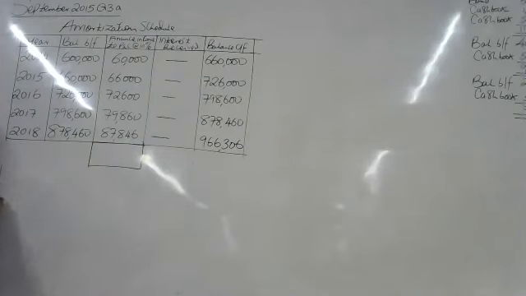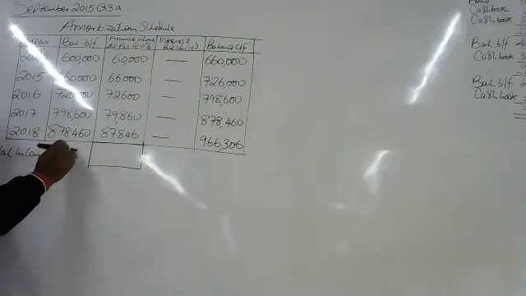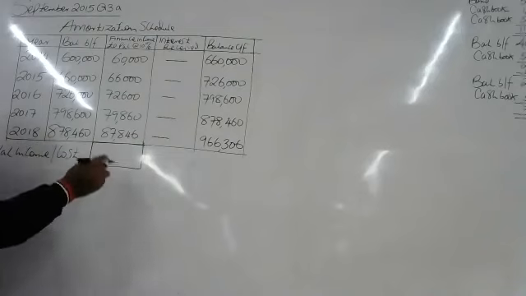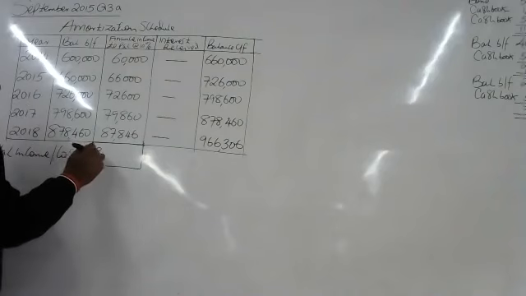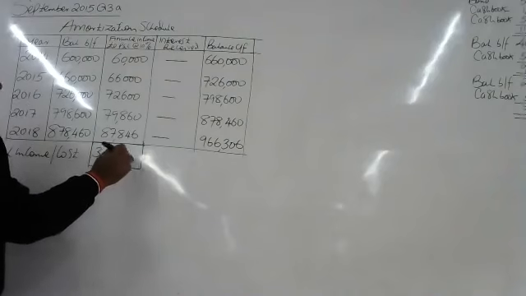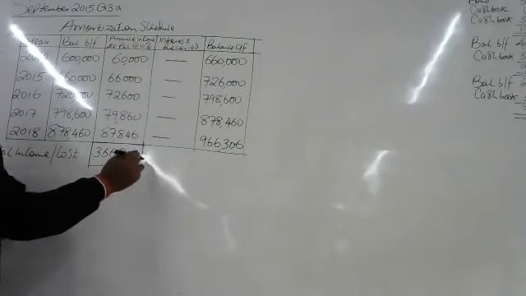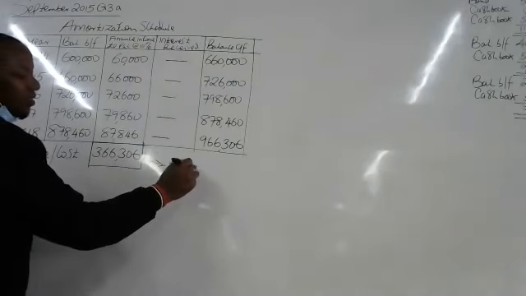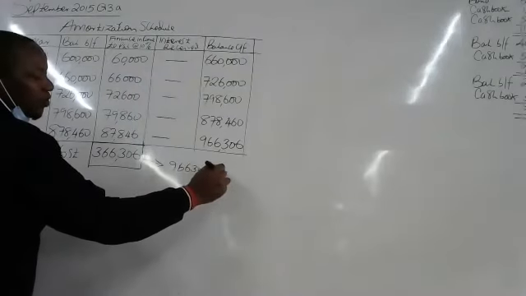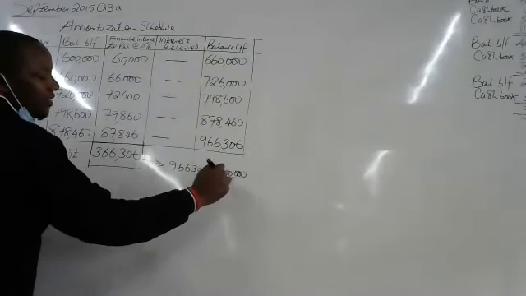So that means the total income or cost, which is finance cost, is equal to 366,306. And that 366,306 is the difference between 966,306 minus what was initially invested.